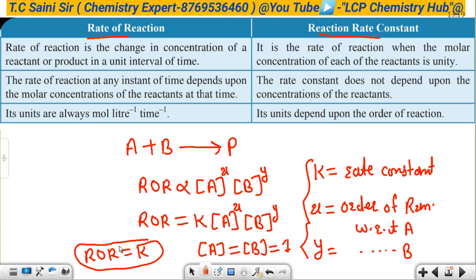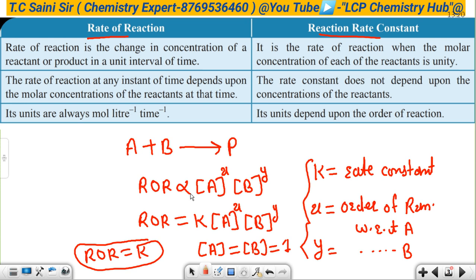Rate constant may be defined as the rate of reaction when the concentration of each reactant in a reaction is unity.